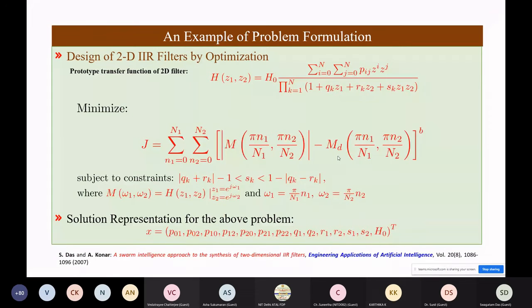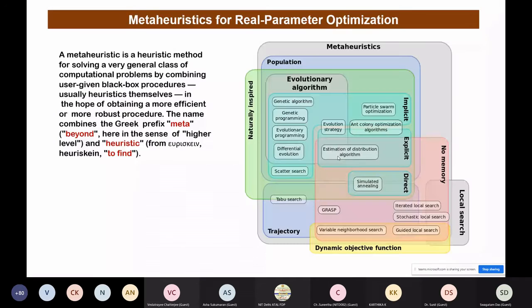Just an example, for real parameter optimization. A meta heuristic is a heuristic method for solving a very general class of computational problems, all of which here in my talk are sharing a common scenario. They are all real parameter optimization problems.